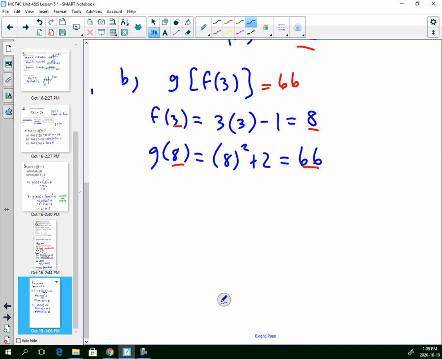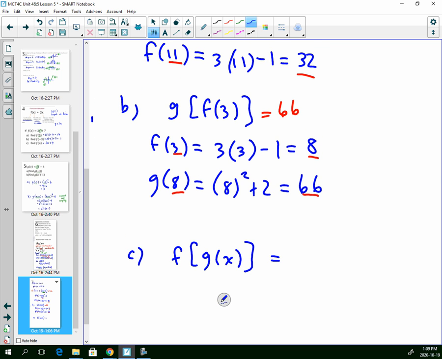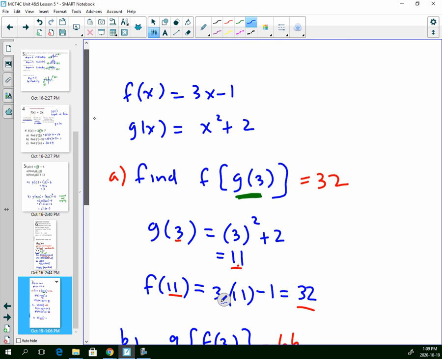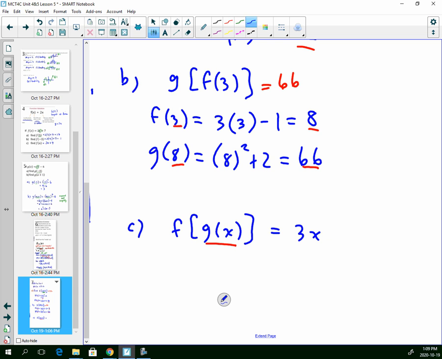You can also do it with an equation. So it doesn't have to be a number. It might ask you to find g of f of x, or f of g of x. So f of g of x means substitute g of x into f of x, right? So instead of a number, I'm substituting in an equation. So f of x is 3x minus 1, and it wants me to substitute the x with g of x.